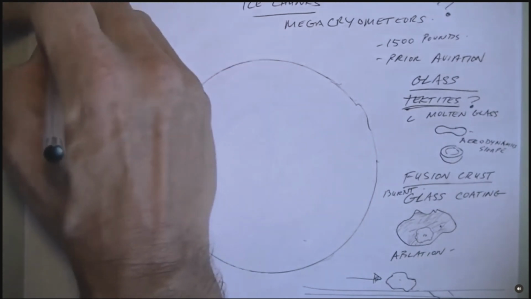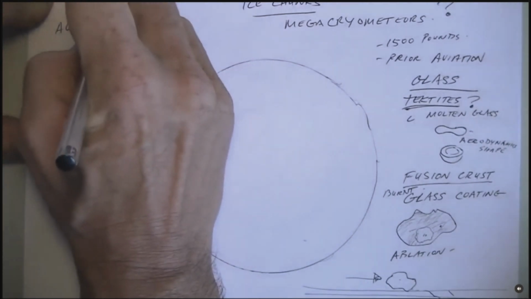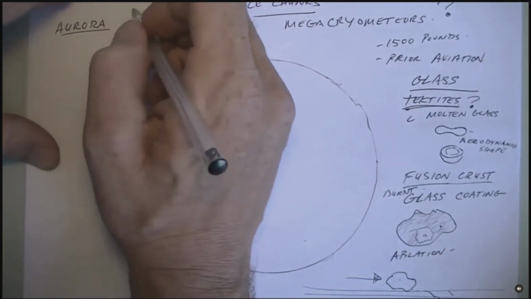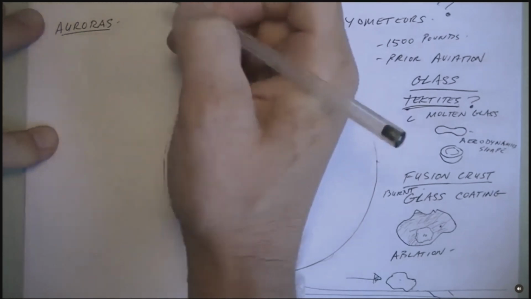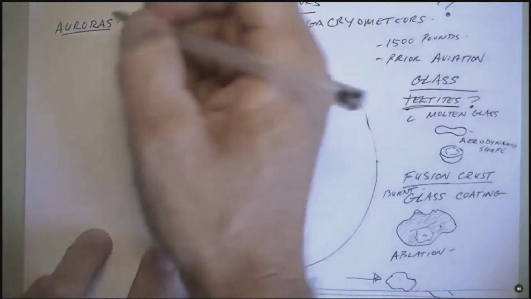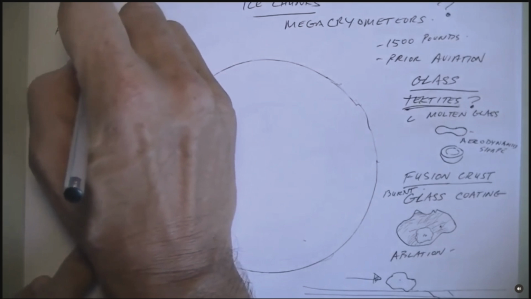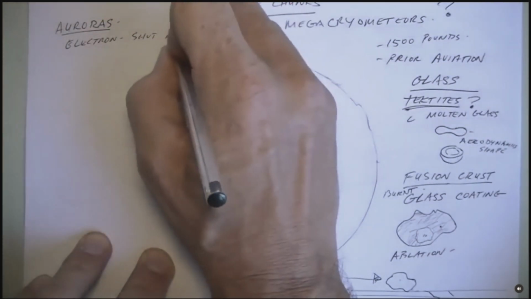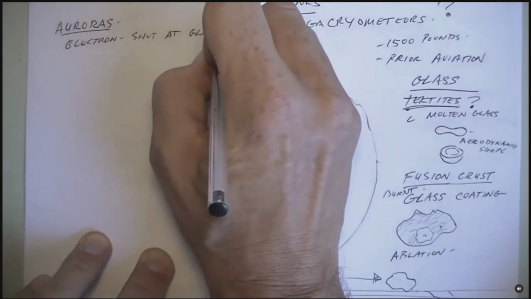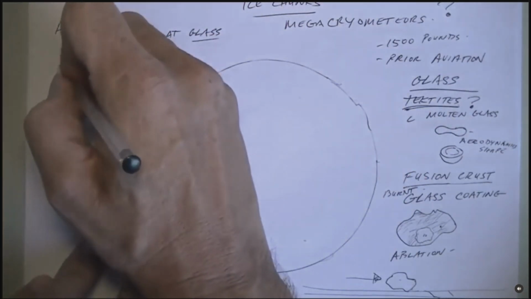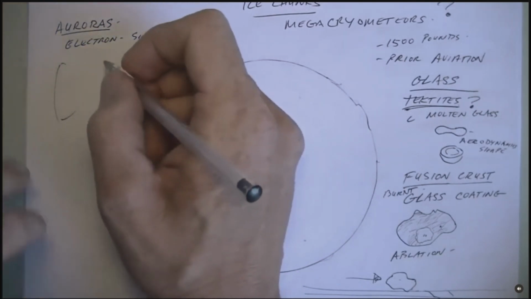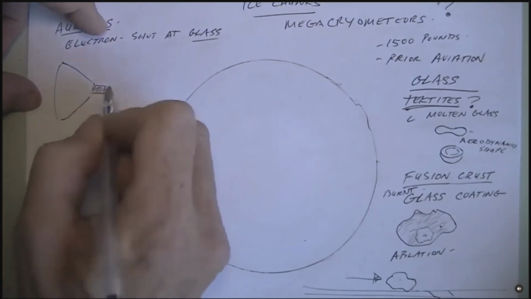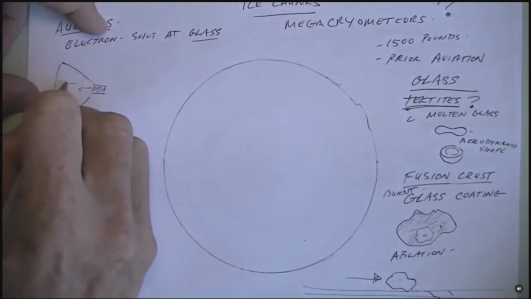Moving on, another piece of evidence that there's glass in the sky: auroras borealis, or auroras australis, however you say that. Auroras are a direct result of electrons being shot at glass, at an obstacle. Scientists will compare the auroras to an old CRT TV tube, with the electron gun in the back, and the electron gun is shooting these electrons.